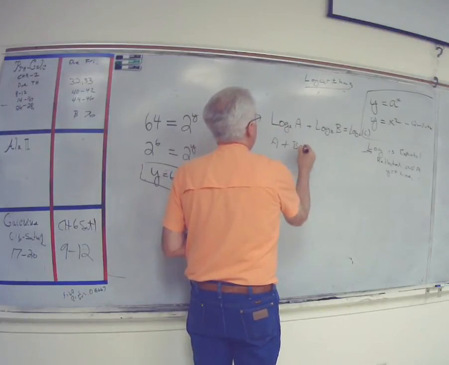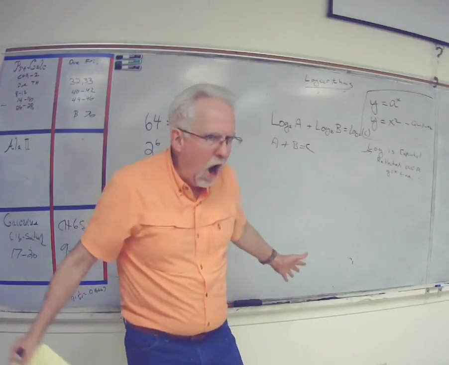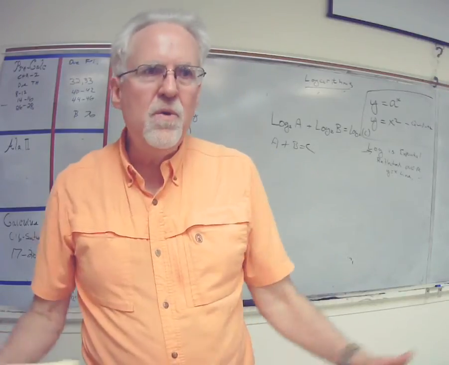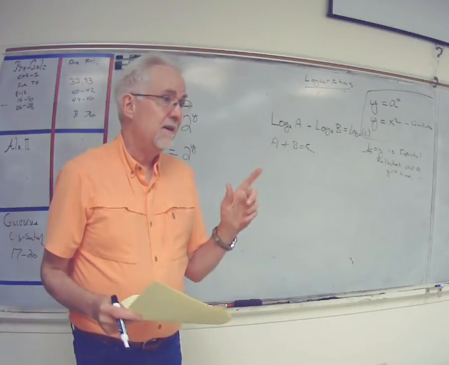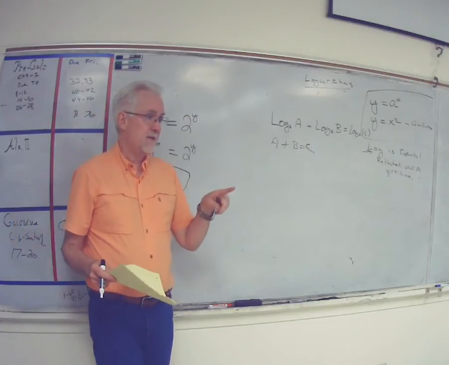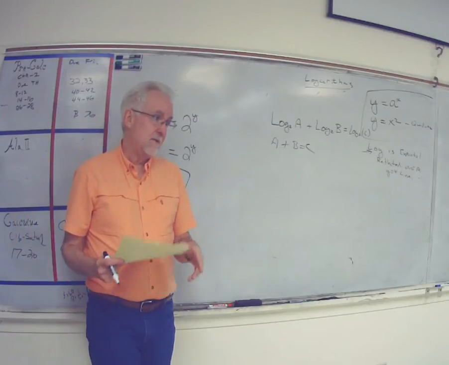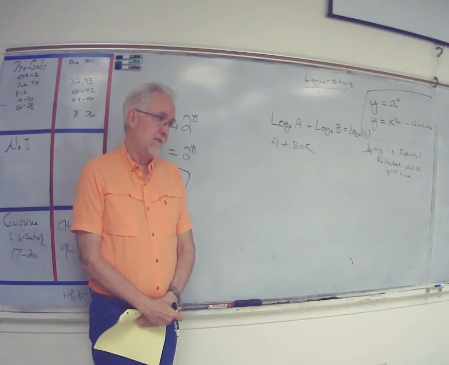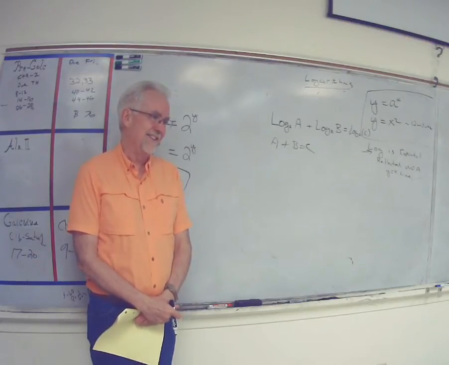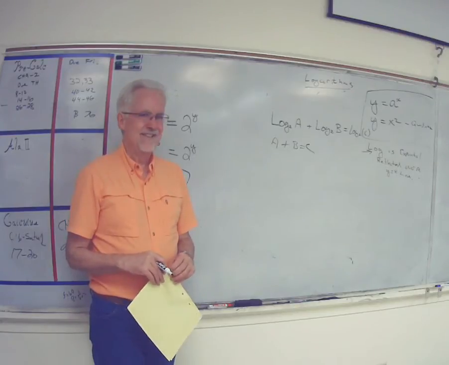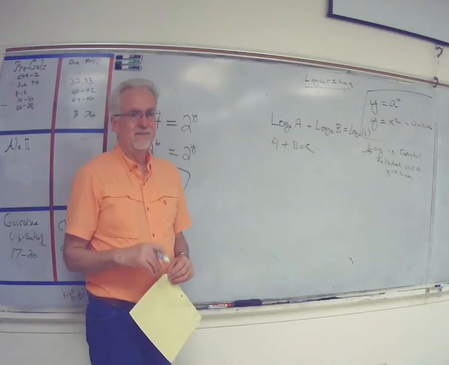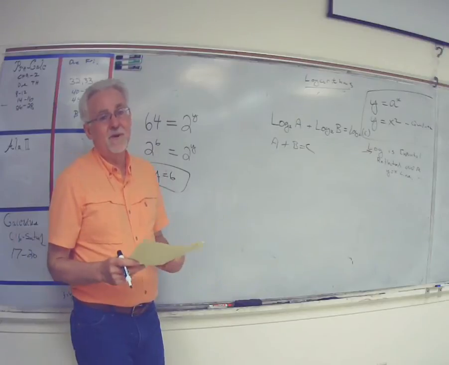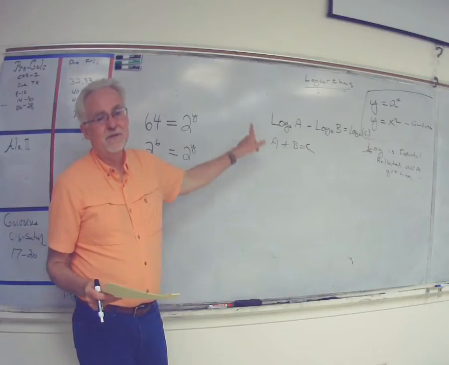A plus B equals C. No, no, no, no! You can't just drop the logs off. Does that make sense? What can you not do, Levi? Drop the logs off. Would you promise me that you'll never drop the logs off? I can try. I don't take that as a promise. Yes, Tanner, you are right, and we'll get to that. But you see what the problem is?